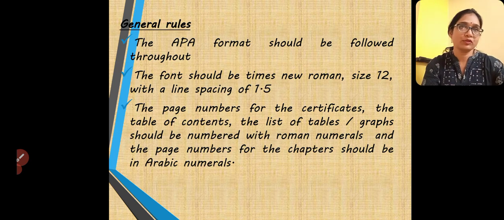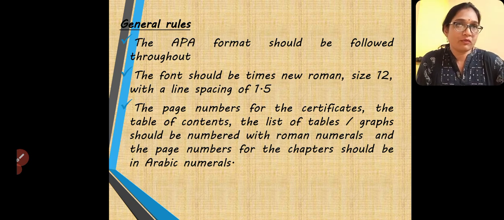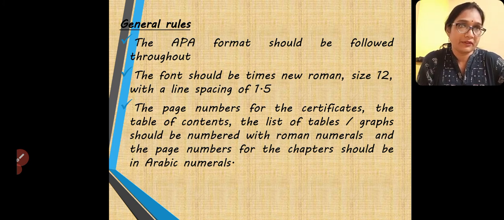Then some of the general rules which you should remember. The APA format should be followed throughout. The font should be Times New Roman, size 12, with a line spacing of 1.5. You can use 14 font size only for headings.